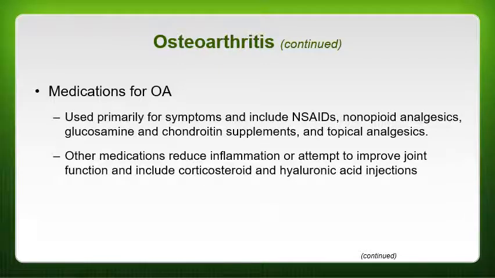There are other medications that can reduce inflammation or improve joint function. Corticosteroid injections and hyaluronic acid injections are some things that will also be utilized for patients that have joint degeneration. Your corticosteroids are very powerful anti-inflammatory agents, and you can take oral corticosteroids, but in this instance we're talking particularly about corticosteroid injections, which are very powerful.